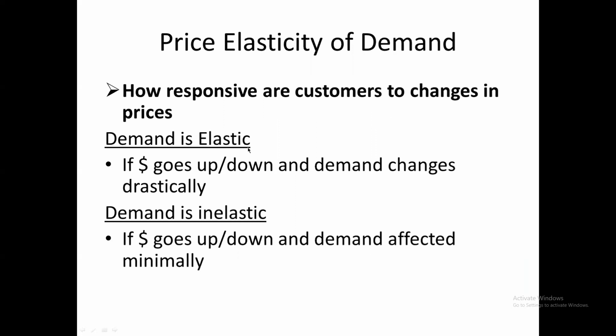The demand may be elastic or may be inelastic. If prices go up and down and the demand changes drastically, this is called elastic demand. And if the demand is affected minimally, that is called inelastic demand.